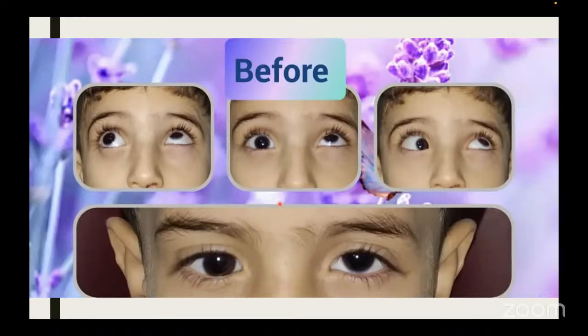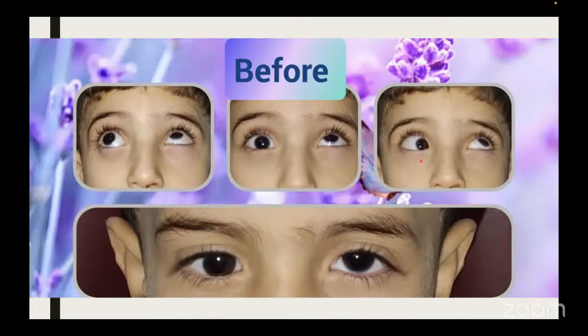For differential diagnosis, monocular elevation deficit of the right eye or Brown syndrome, but because in abduction there's some improvement of the elevation, I think it is Brown syndrome. Yes, actually, this is right Brown syndrome.